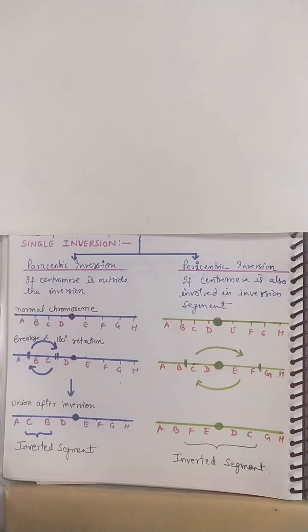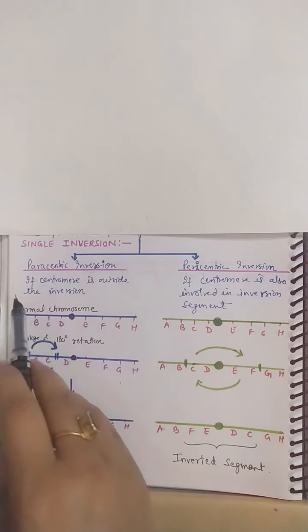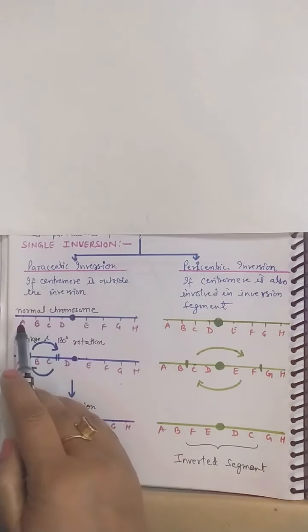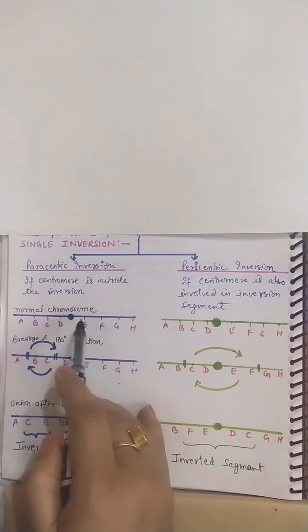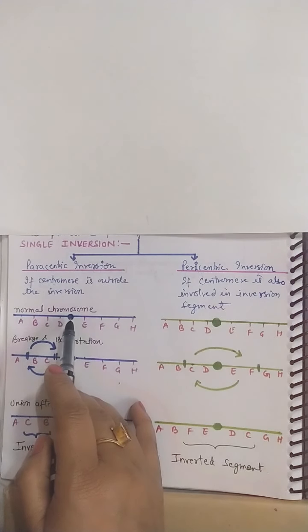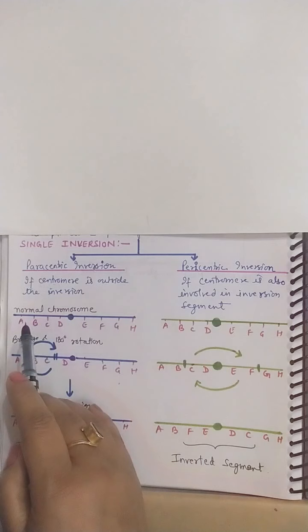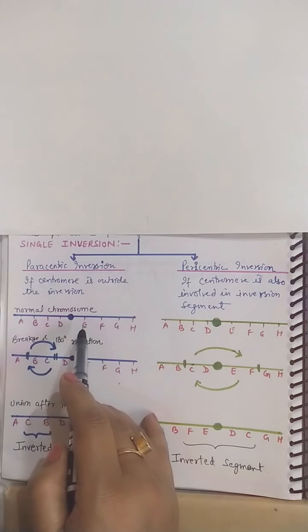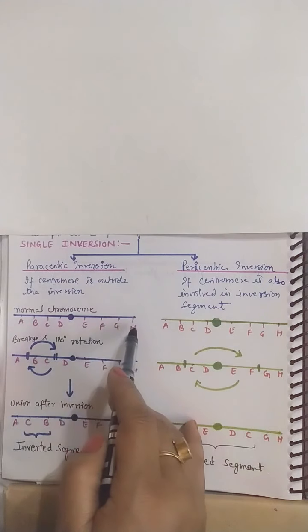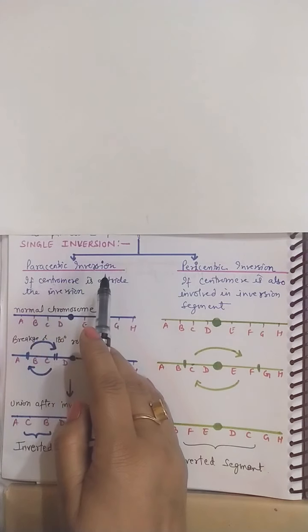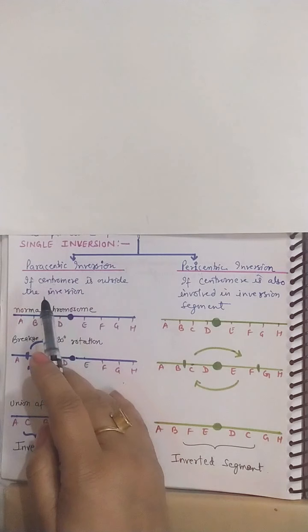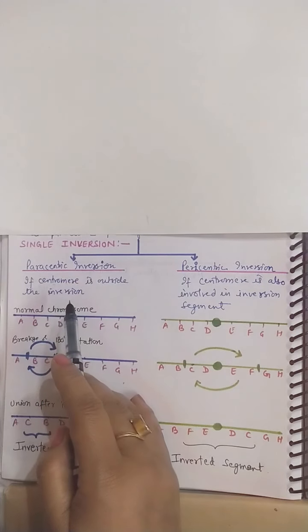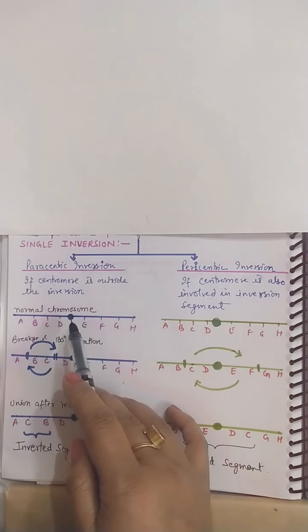Now in the first case, paracentric inversion, there is a normal chromosome having a centromere at the center and its two arms. On one side there is A, B, C, D, and on the other arm it is E, F, G, H. Paracentric inversion is that type of single inversion where the centromere is outside the inversion, meaning the centromere will be away from the inversion.